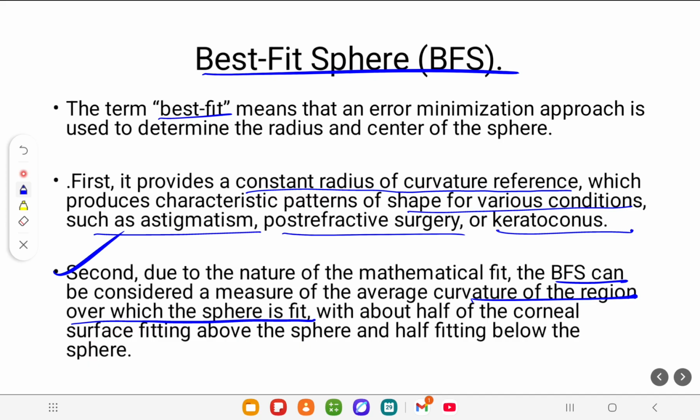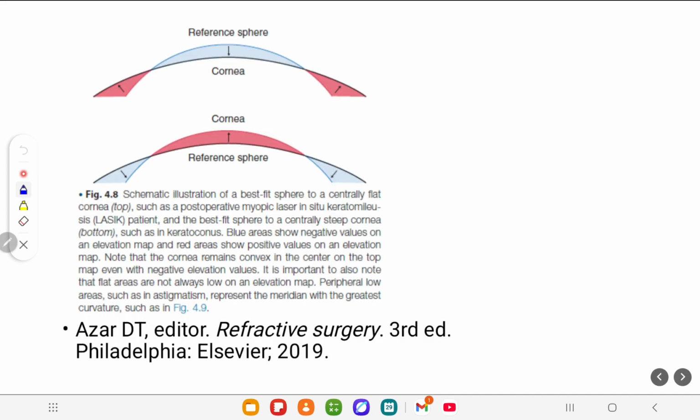It basically means the data captured from the machine itself creates the best fit sphere, like an average curvature of whatever curvature the cornea actually has. Then that sphere is fit to our cornea, and what do we get?